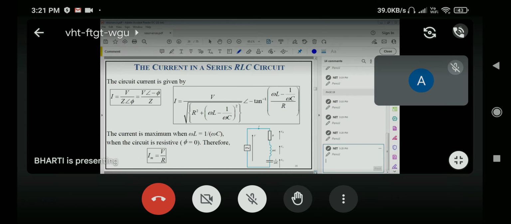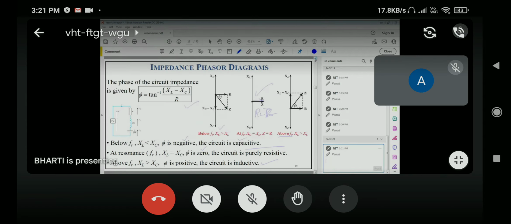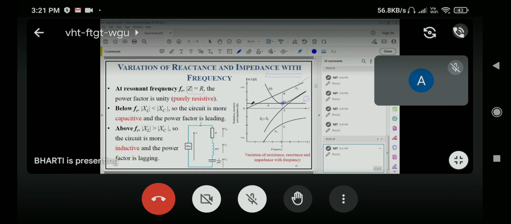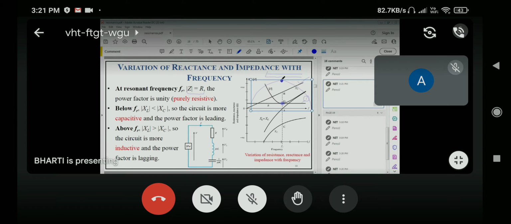Right? Now, simply this current we can calculate as V angle phi upon Z, and the maximum value of the current will be there at resonant frequency. So if you need to draw or add the current graph in this particular graph, it will be something like this, which will be maximum at resonant frequency. Is it clear?